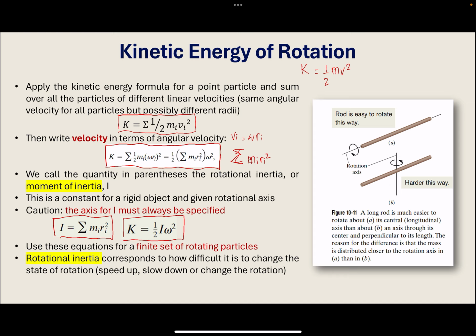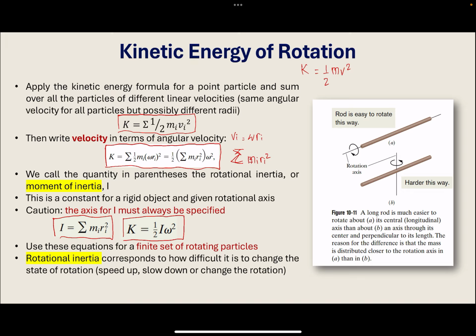Moment of inertia plays the same role in rotation as mass does in linear motion. While mass measures how hard it is to change linear velocity, moment of inertia measures how hard it is to change rotational motion.